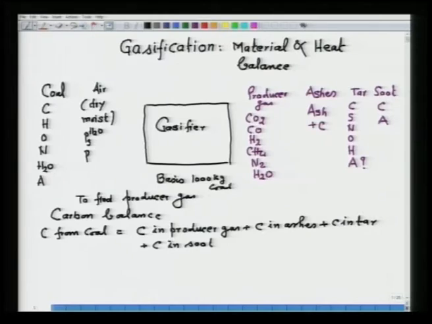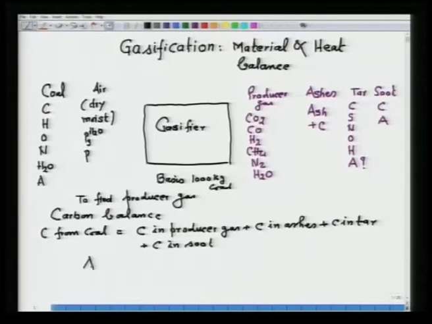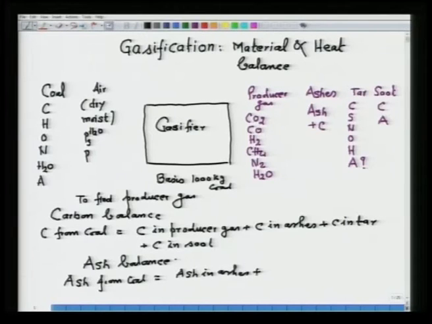Then the amount of coal: you may declare the basis of your calculation, it could be 1000 kg coal. You can take 1 kg coal, 1000 kg coal, whatever you like, the basis is always clear. In some cases the amount of ashes is also not given, then you have to do an ash balance. In this particular case, ash from coal goes to ash in ashes plus ash in soot plus ash in tar if it is given.